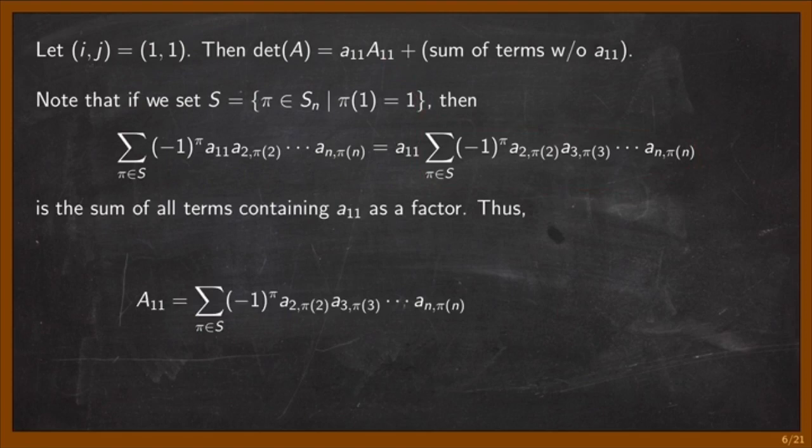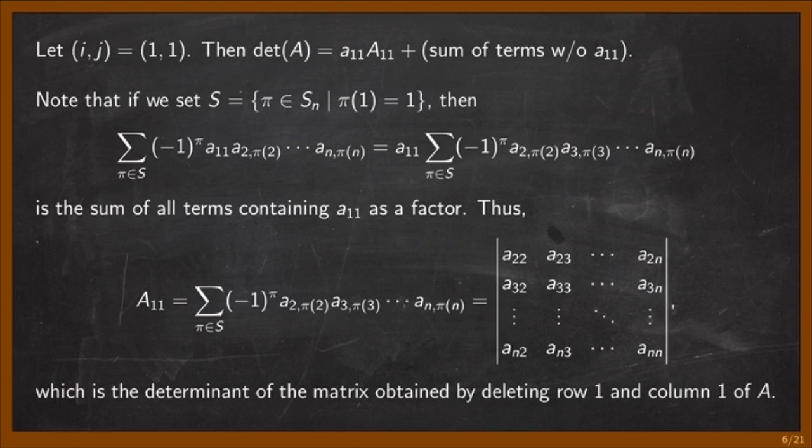But notice that every permutation in S induces a permutation in the set 2, 3, 4, and so on up to n. Because a permutation in S fixes 1 and may interchange things from 2 to n, we can think of the permutations in S to be permutations in the set 2, 3, 4, and so on up to n.